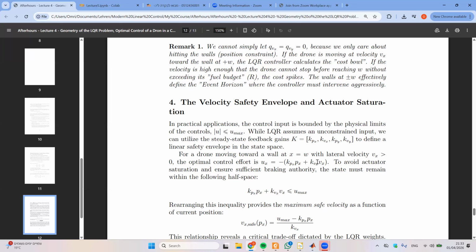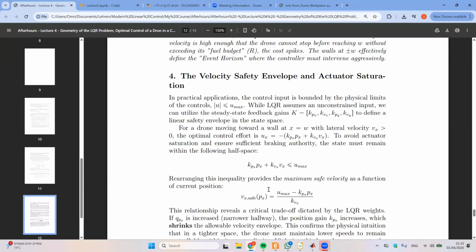Now, taking into account the fact that the control is bounded, we have this inequality, and this inequality actually gives us some interesting relation between the velocity in the x direction and the position in the x direction. So the maximum velocity we can travel at when we are in position x along the x-axis is given here.